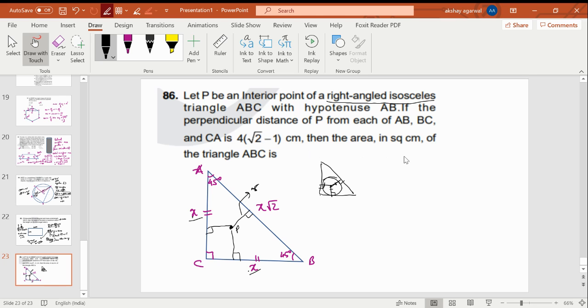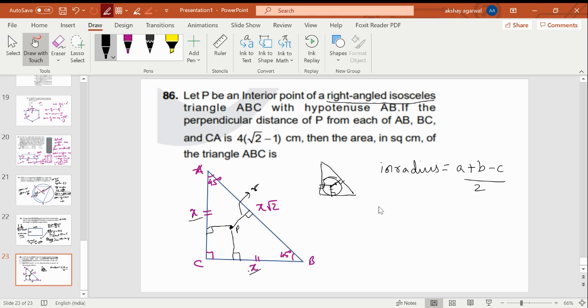And we have a formula for in radius of a right angle triangle. Remember, in radius of a right angle triangle has a formula a plus b minus c by 2, where a and b are the perpendicular sides, c is the hypotenuse, the whole divided by 2.